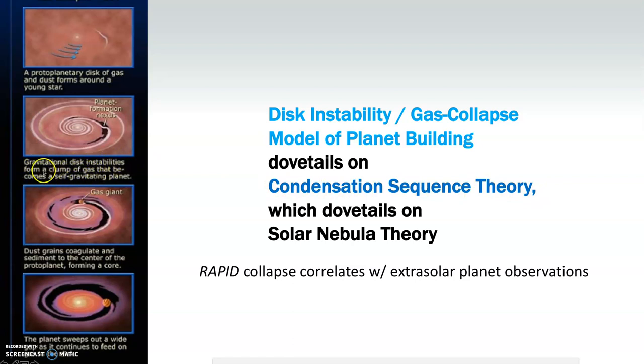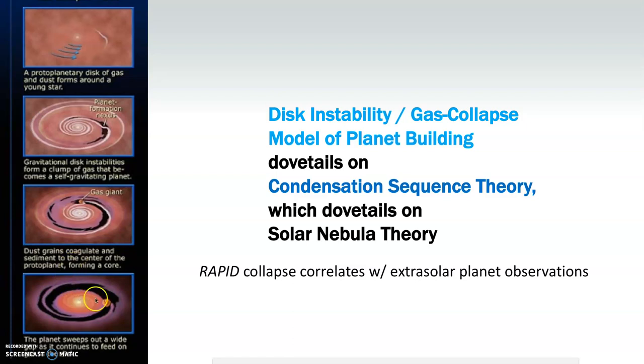So this disk instability model talks about a gravitational disk that develops clumps of gas based on this dust that's condensing, and those clumps of gas tend to destabilize the disk, so that the theory goes that the dust grains can coagulate and they can form a planet with a core.